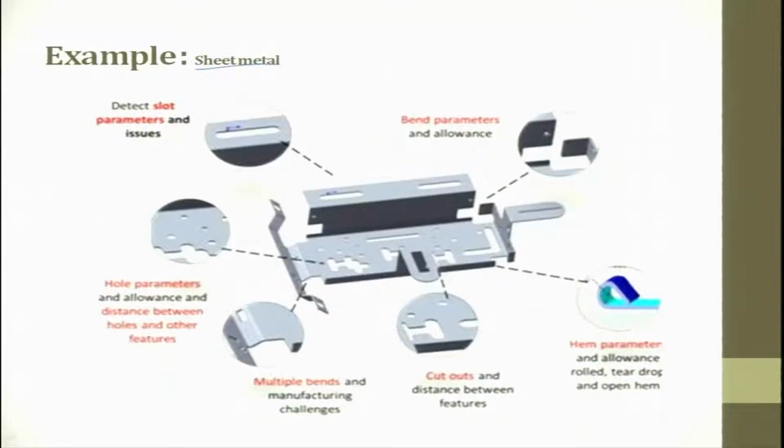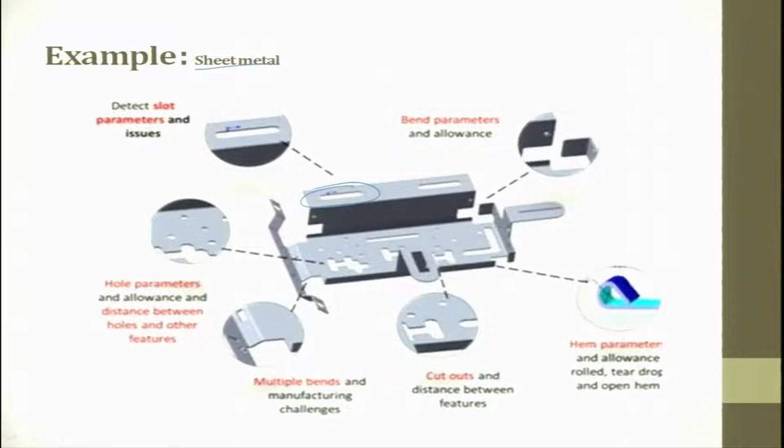Sheet metal example. Detect slot parameters and issues. Here is a slot on a sheet metal part. To a large extent it looks something like a bracket, or the cover you see used in a desktop computer. Detect slot parameters and issues, bend parameters and allowances, hole parameters and allowances, and distance between the hole and the feature. This plays a very important role.